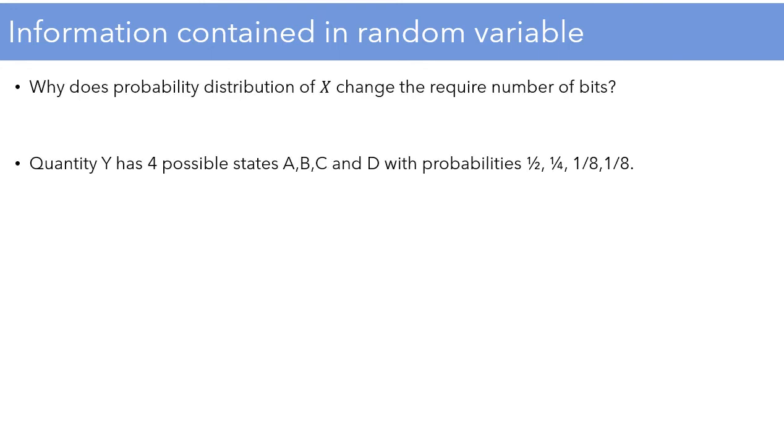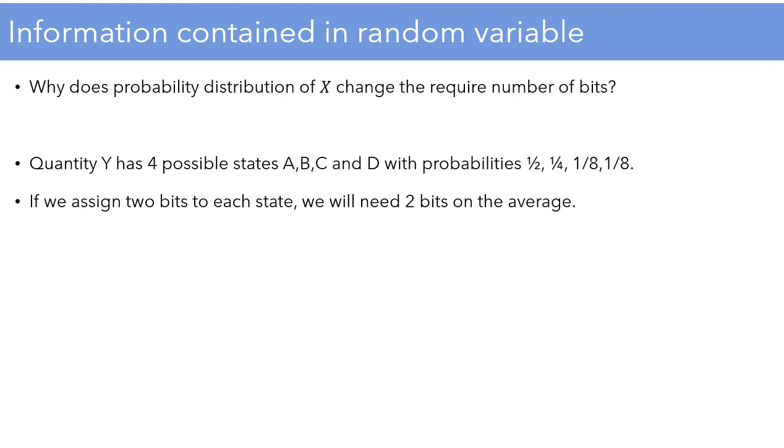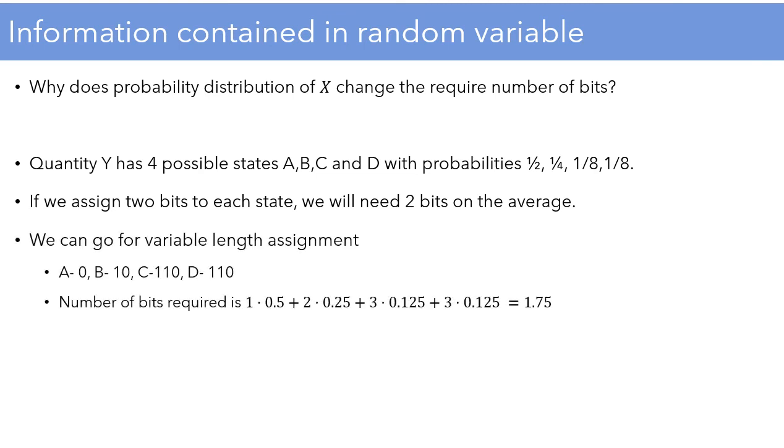So suppose y has 4 possible states with probabilities half, 1 by 4, 1 by 8, 1 by 8. If we assign 2 bits to each state, then of course we need 2 bits on average. But we can do better. We can assign variable length bits to each state. To the most probable state A, we assign 0, which is length 1.